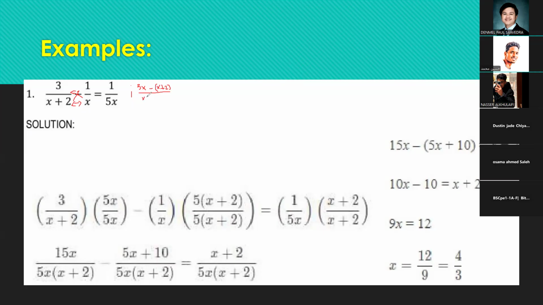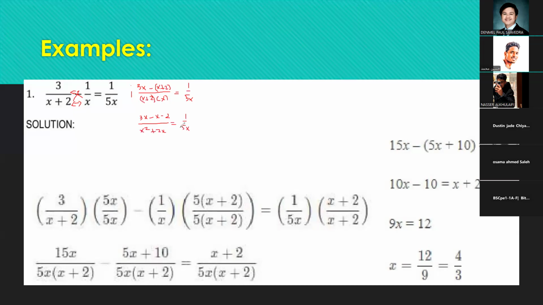Well, we can just simply write everything for now and then simplify later on. Then 1 over 5 over x. So let's simplify this one. The one at the top. So 3x minus x minus 2 over, this is now x squared plus 2x is equal to 1 over 5x.